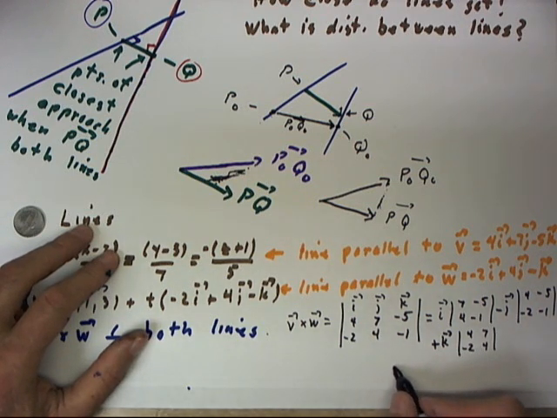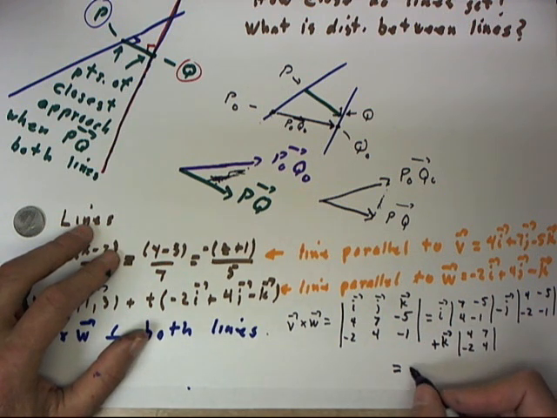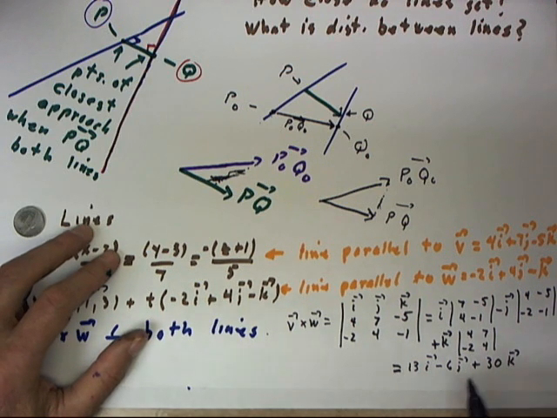And if I do my arithmetic correctly, that's going to be negative 7 plus 20, which is 13i, minus, okay, negative 4 plus 10, so that's minus 6j, and then 16 plus 14, which is plus 30k.